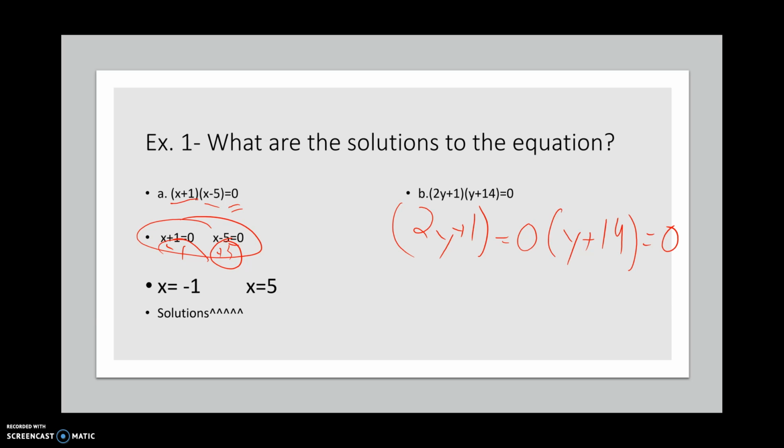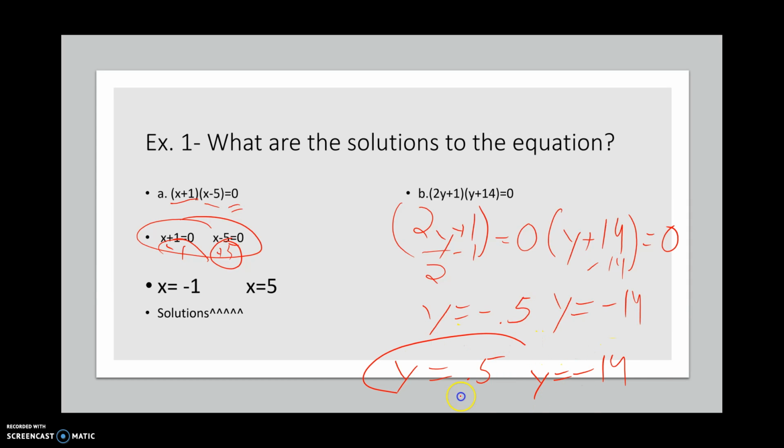Now we're just going to solve the equations. y equals -14 because you're subtracting 14. And for this one, y equals -0.5 because you subtract the 1 and then divide by 2. So the answers are y equals -1/2 or -0.5 and y equals -14. These are your solutions.